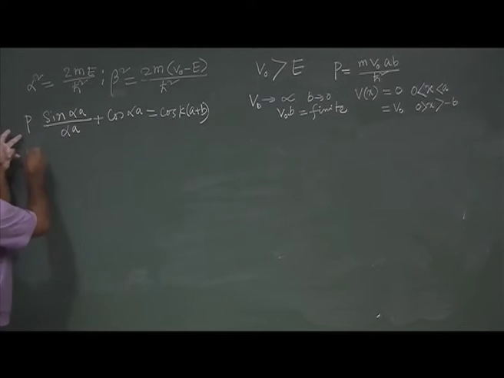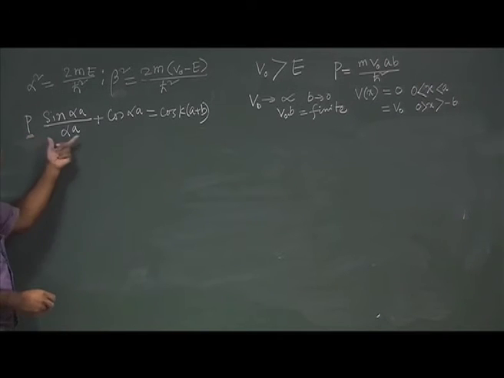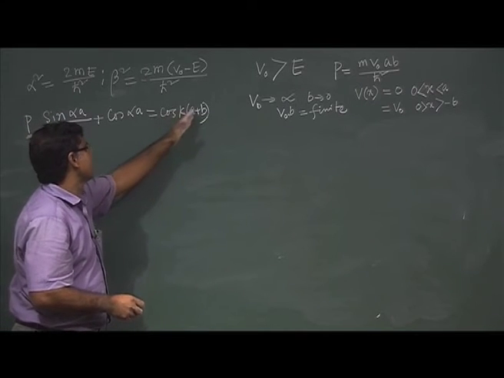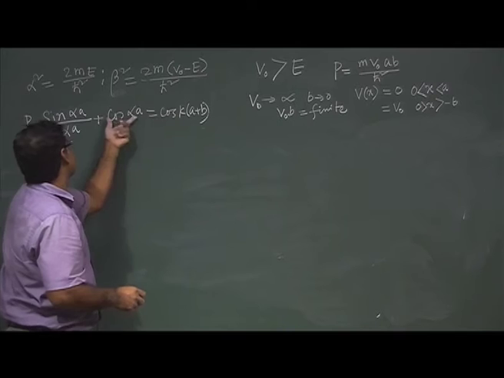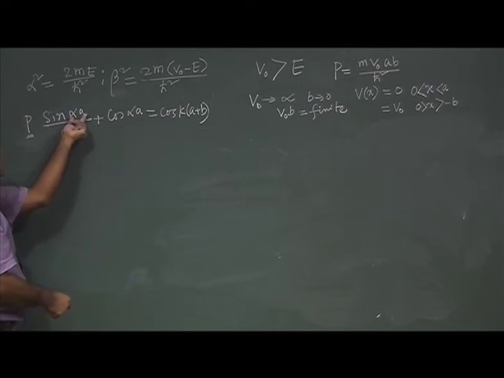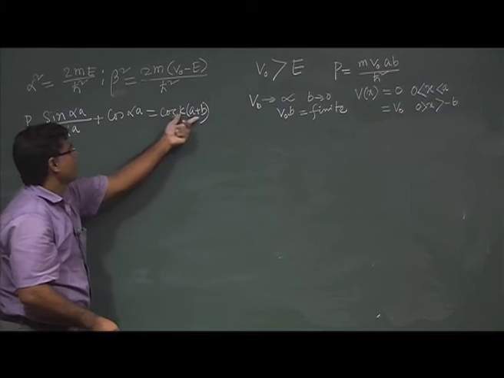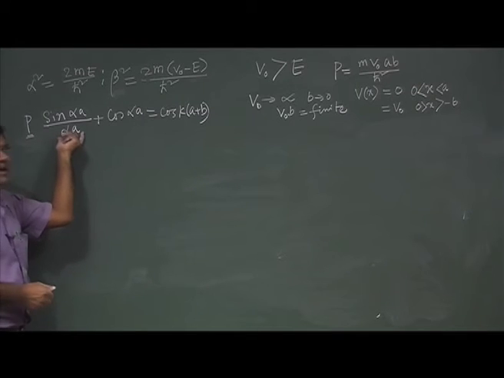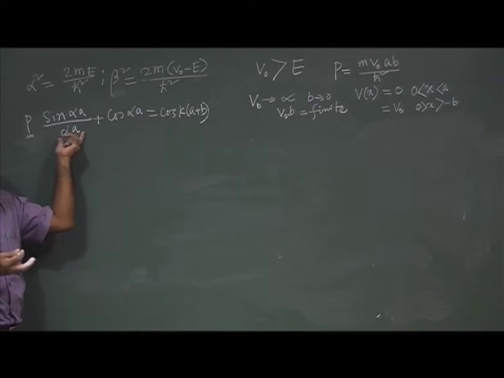Now you see, what will be the P value? These are angles, right, cos of this and sin of this. So, alpha a or whatever these are, are basically in radian. So alpha a also will be in radian, right.